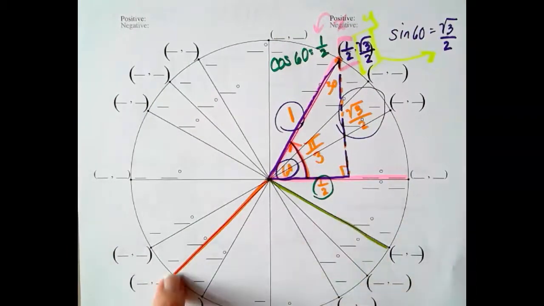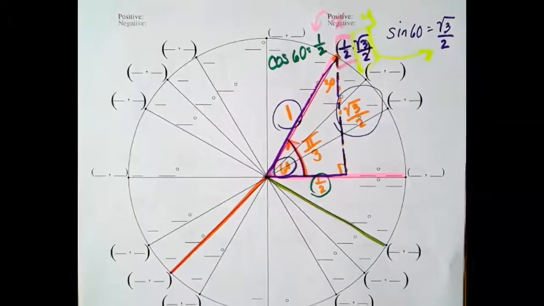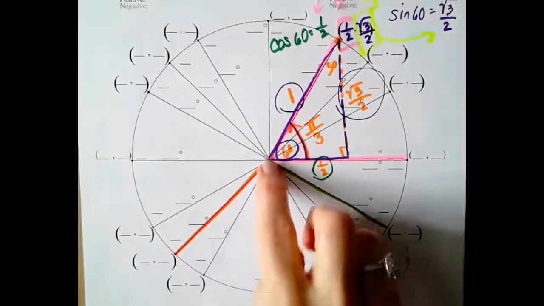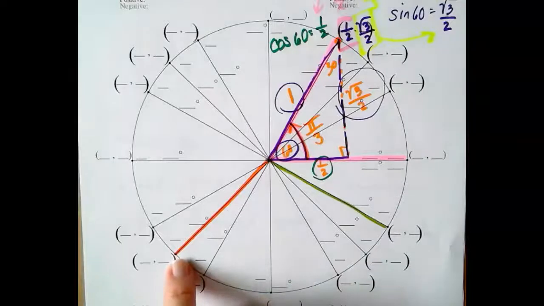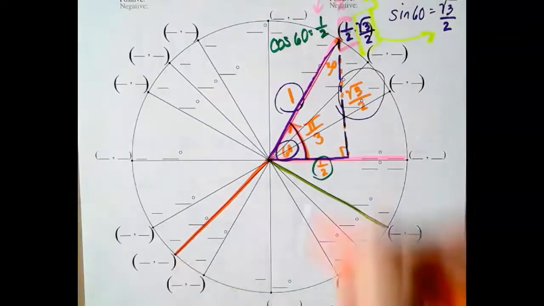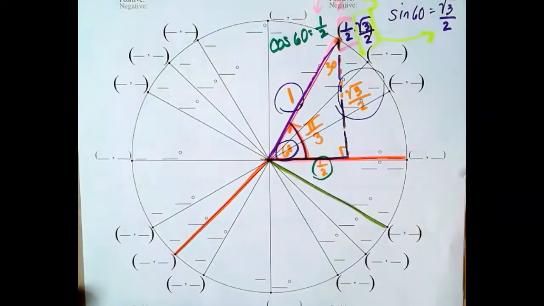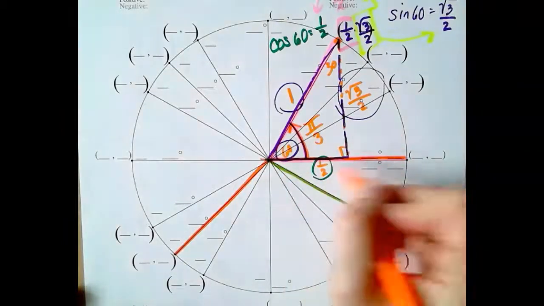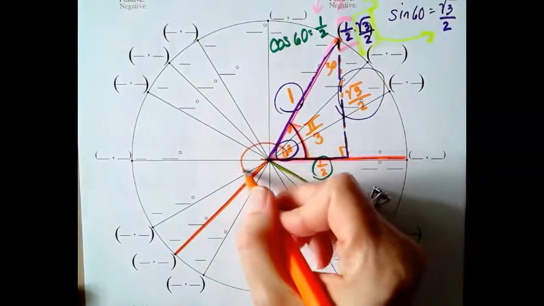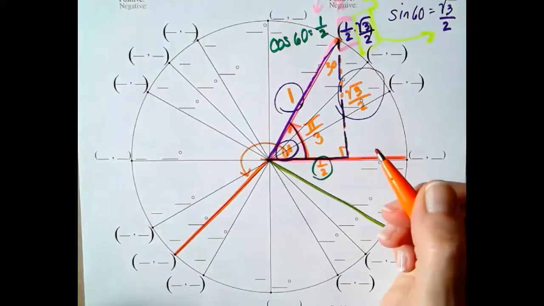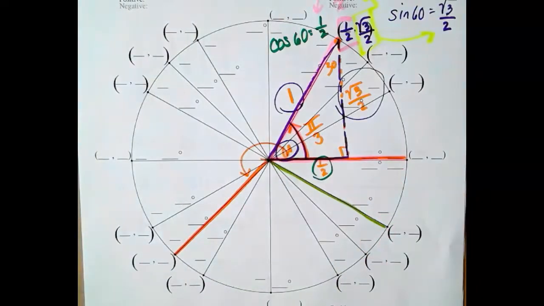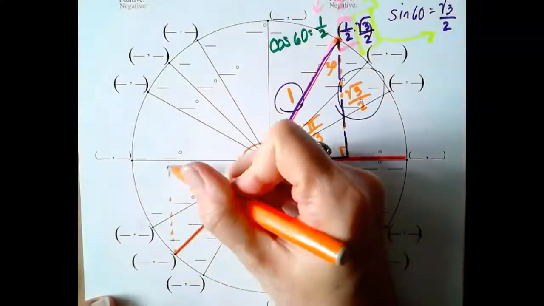So let's move all the way around here to quadrant 3. Let's take a look at the rotation that I have marked here. Remember, anytime that we're drawing a rotation on the unit circle, we always start on the positive side of the x-axis, and we rotate all the way around. But in order to refer to a right triangle, we've got to drop an altitude here.